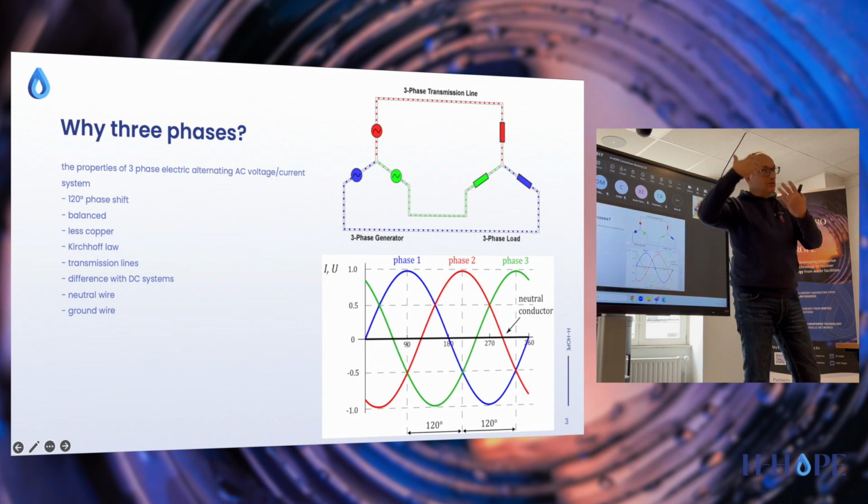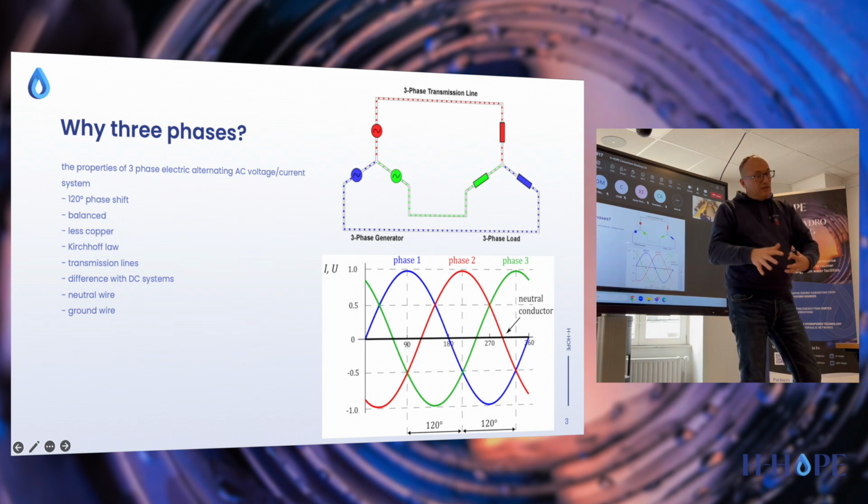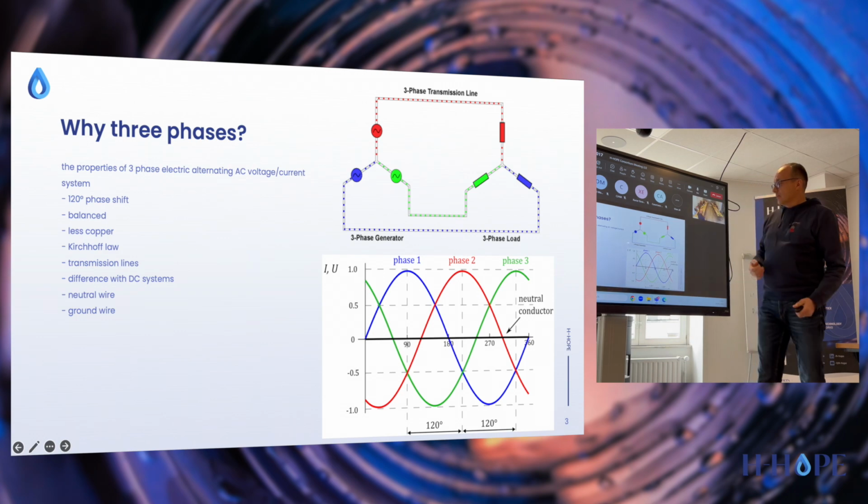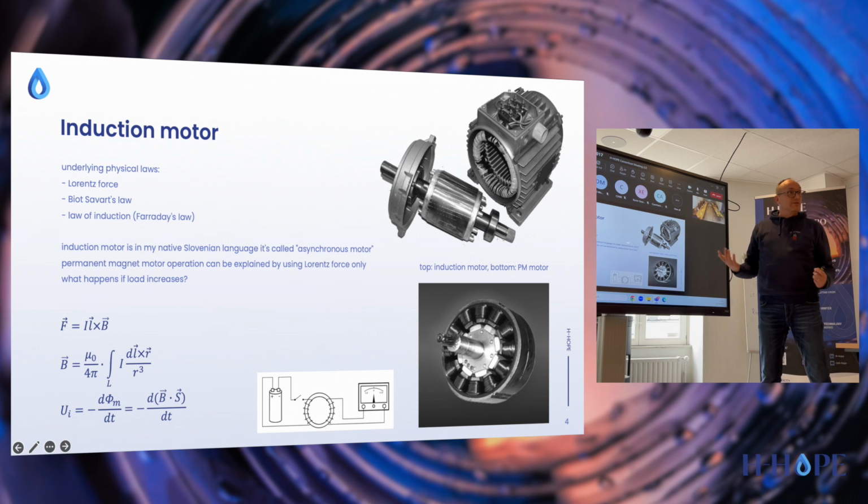And then the second coil, which is next to it, goes to the amplitude and creates a magnetic field near it. And that means you have a magnetic field rotating inside. So a rotating magnetic field is another feature of the three-phase electric system.